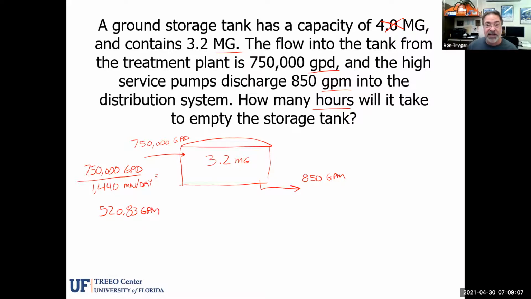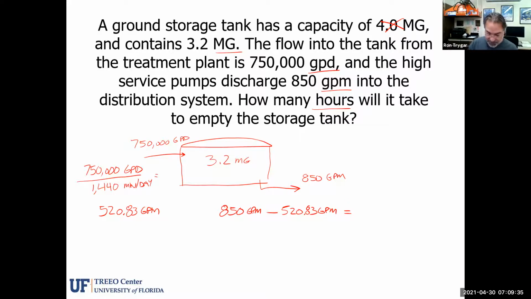And we're coming out of the tank at 850 gallons per minute. Let's now figure out the difference and really what the true flow out of the tank is. So we've got 850 gallons per minute out. Let's subtract from that 520.83 gallons per minute in. Let's figure out what the difference is.